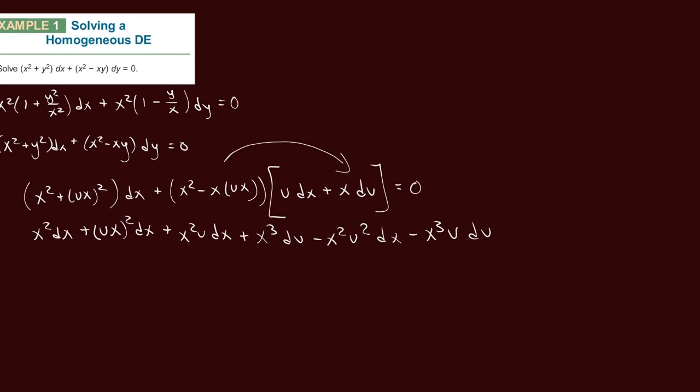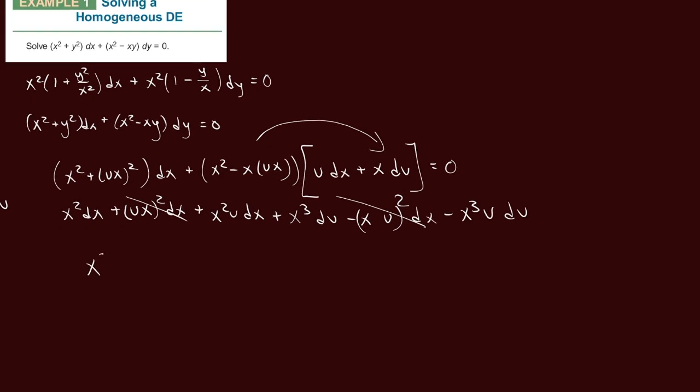And this is the same thing as the following. Oh wow, look, these and this cancel each other out. I think that looks like the only thing that actually cancels. So let's collect like terms. Wait, hold on. I think I could just take out the x squared as well.